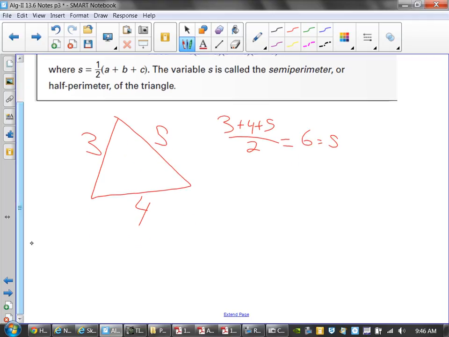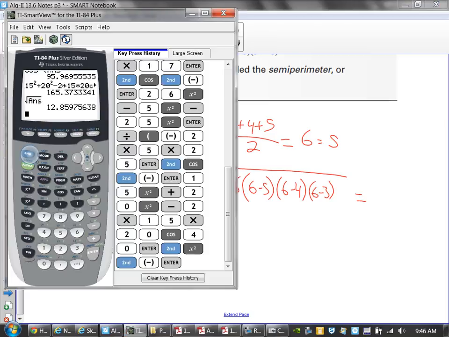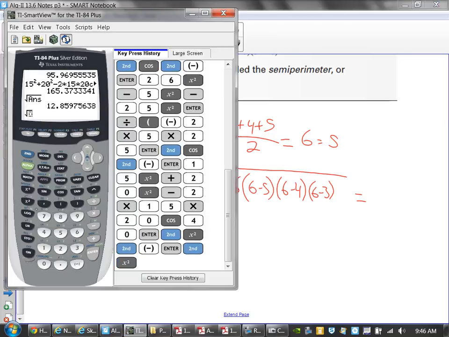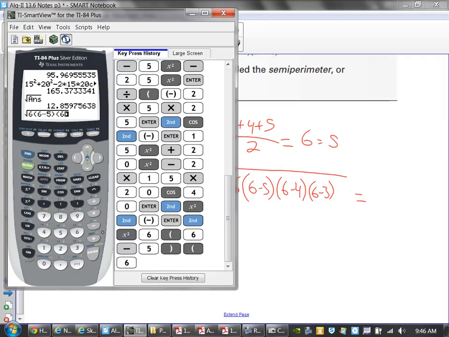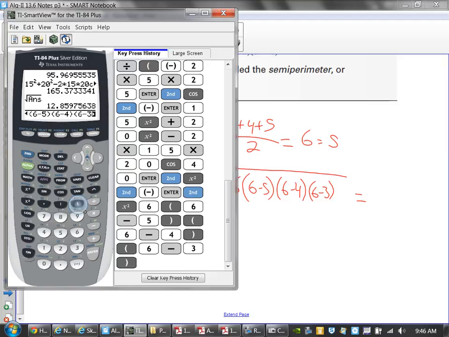In order to find the area, all you have to do then is take the square root of 6 times 6 minus 5, 6 minus 4, 6 minus 3, and there's your area. Again, in the calculator, you can type that directly in. 6, parentheses, 6 minus 5, 6 minus 4, 6 minus 3.